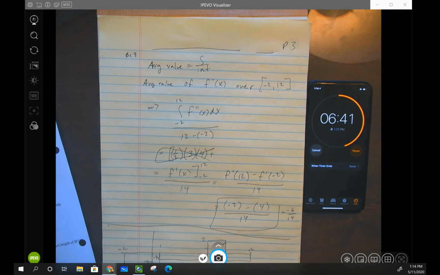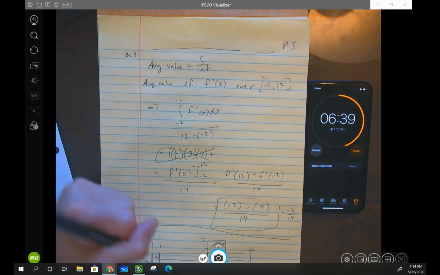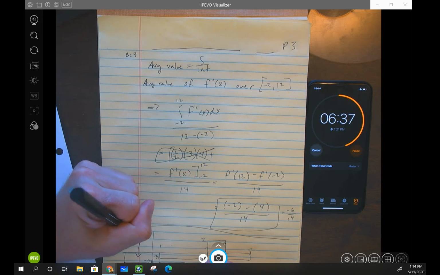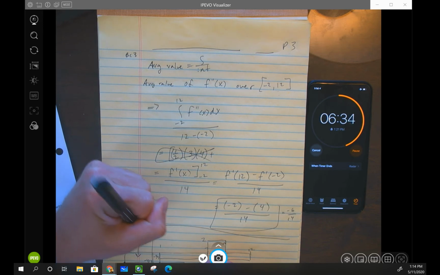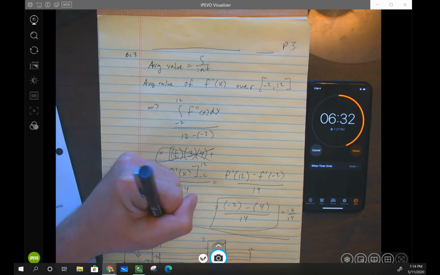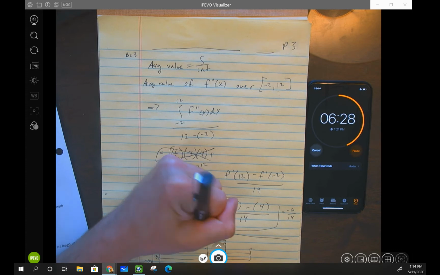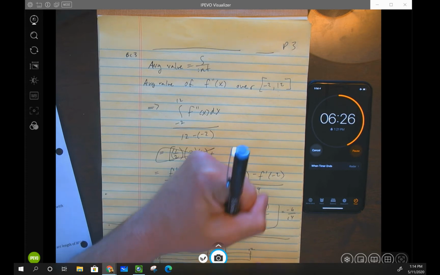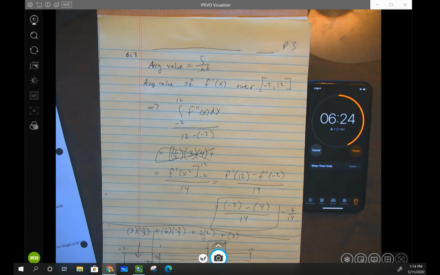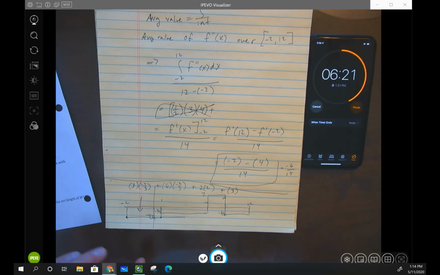So this area is going to be 3 times negative 4/3 plus 6 times negative 2/3 plus 2 times 2 plus 3 times, I'm actually taking the area under the f double prime graph here.